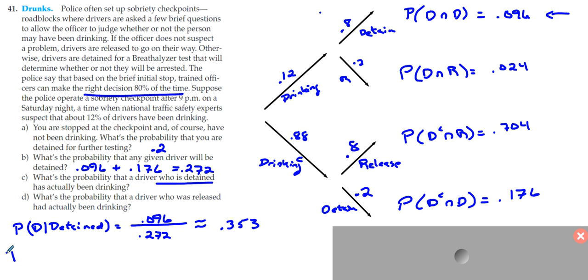And then the other, again, this is just practice. What's the probability that a driver who was released had actually been drinking? Again, we're looking for the probability that someone was drinking if we knew they were released.